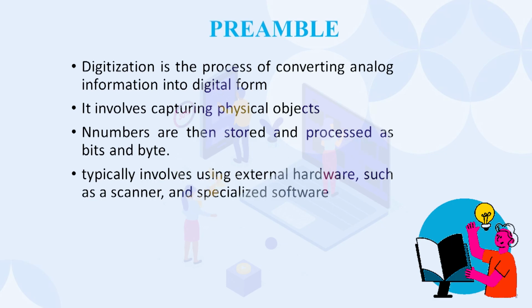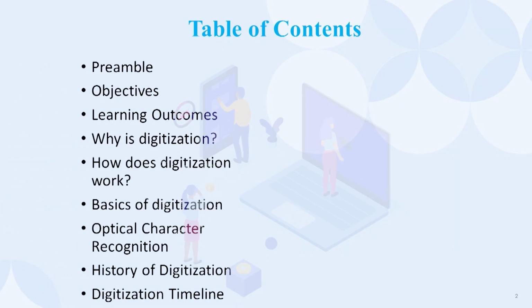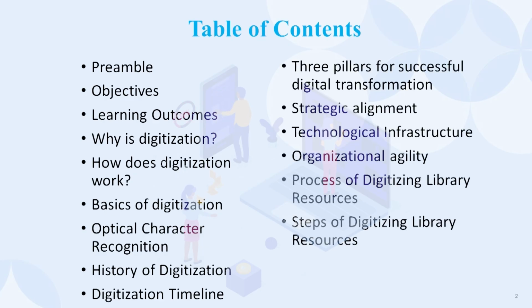Under this, the table of contents will be: preamble, objectives, learning outcomes, why digitization, how digitization works, basics of digitization, optical character recognition, history of digitization, digitization timeline, the 3 pillars of successful digital transformation: strategic alignment, technological infrastructure, organizational agility.